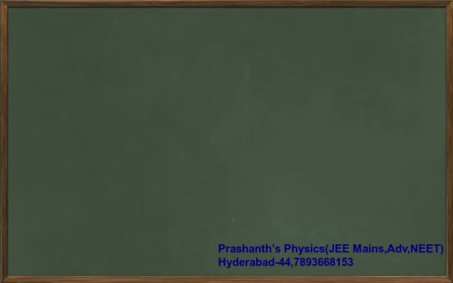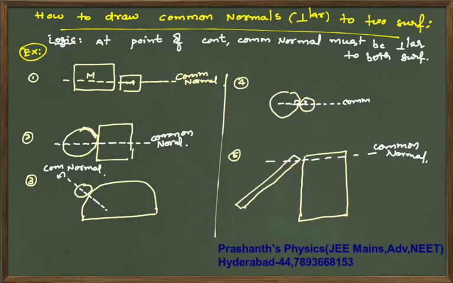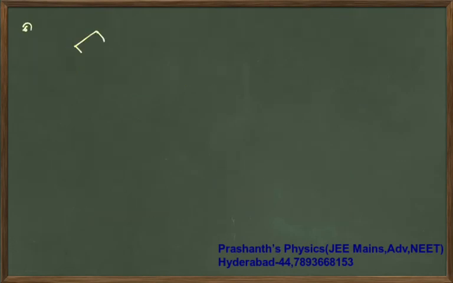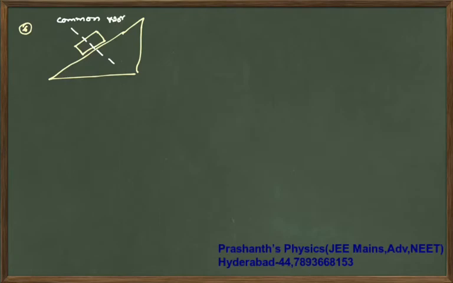Next, if you take the surfaces like this, almost 5 is done, so 6. If you have surfaces like this, obviously you will have your common normal acting this way. So that means if I give you velocities you should resolve like this.